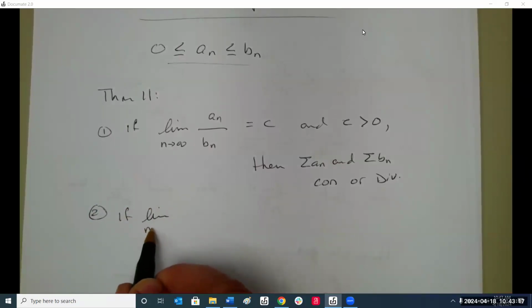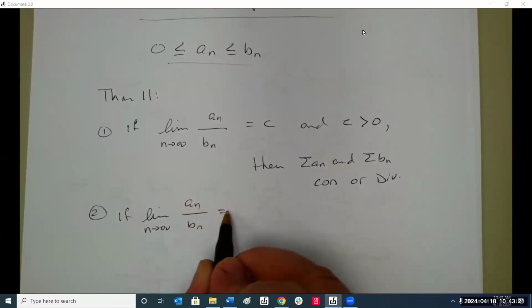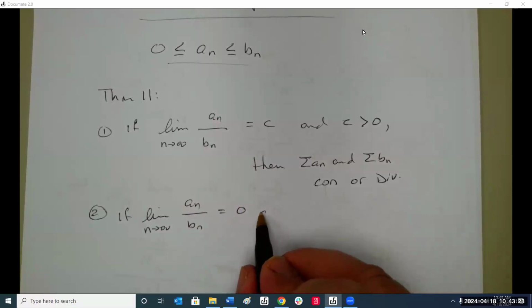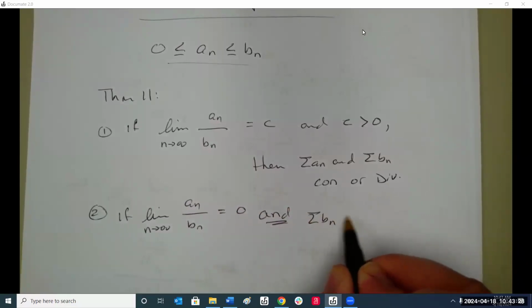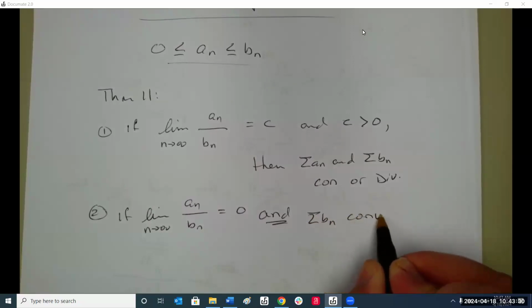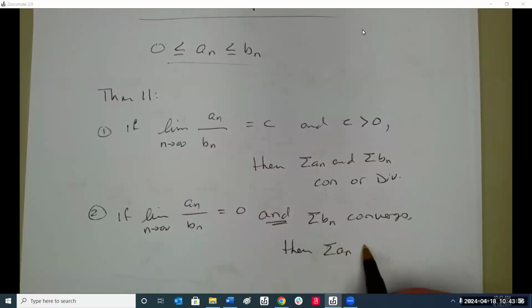If the limit of a sub n over b sub n equals 0, and the summation of the denominator converges, then a sub n converges.